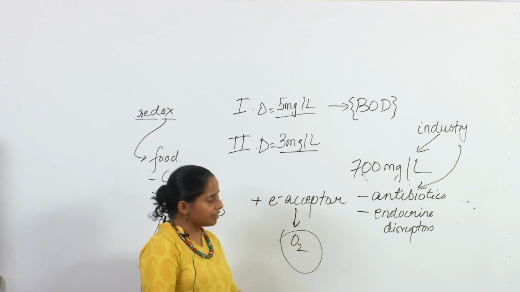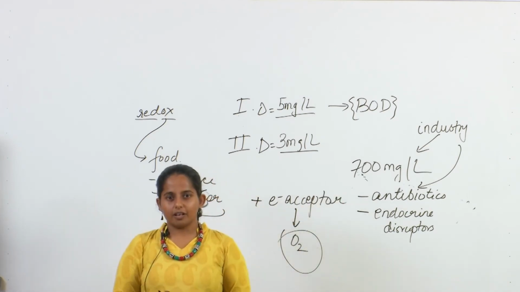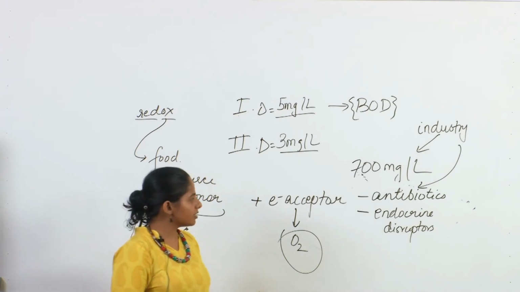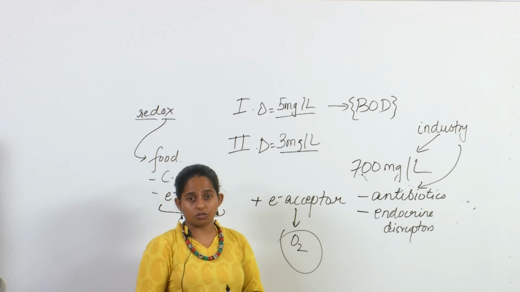So whenever there's a high BOD, our alarm should go red, and the red herring should tell us either there are a lot of pathogens or a lot of contaminants present, or there's a huge potential for pathogens to grow.